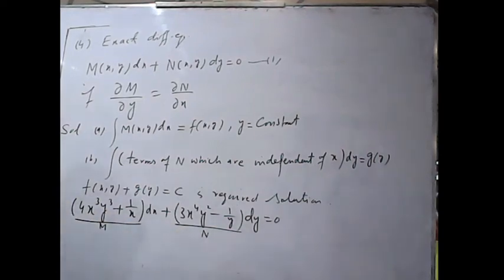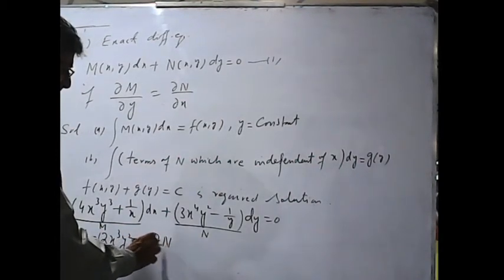Now find M_y. Differentiate M partially with respect to y, considering x as constant: 3 times 4 is 12 x cube y square, plus 1 upon x, whose derivative is 0 because we are differentiating with respect to y.